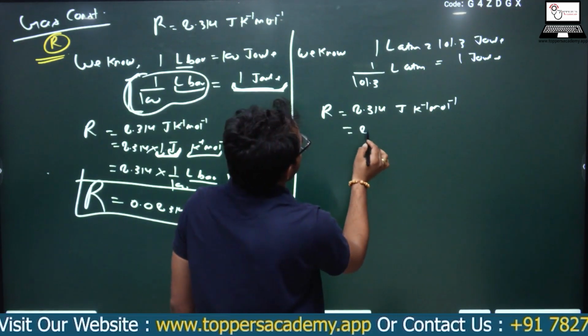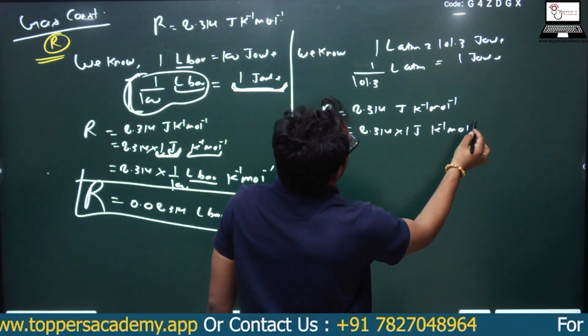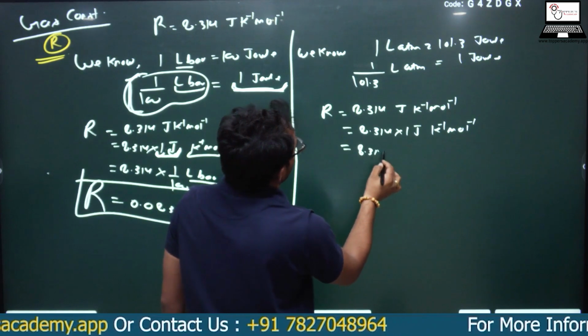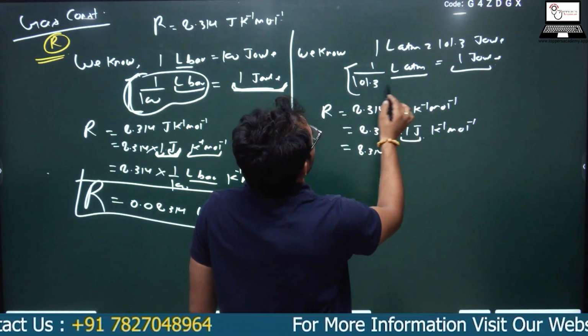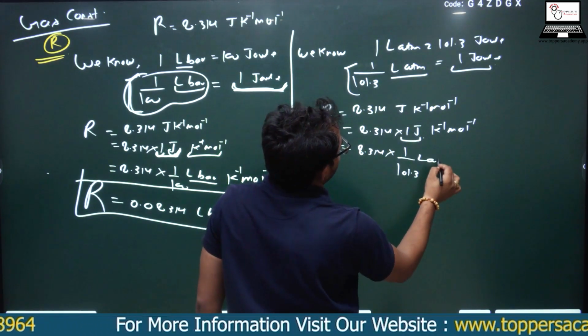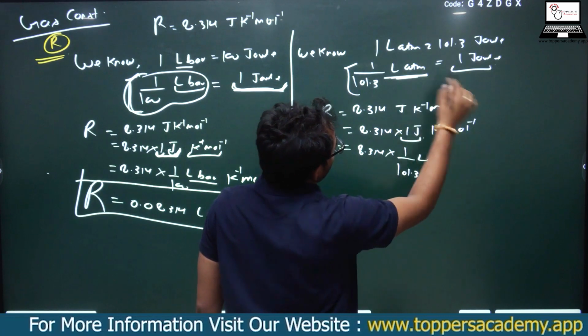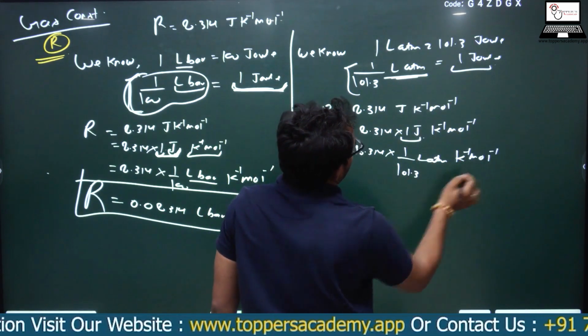Similarly I can write this. Now I am going to put the value of 1 joule in terms of liter ATM, so 1 upon this liter ATM will also come here, Kelvin inverse mole inverse, right?